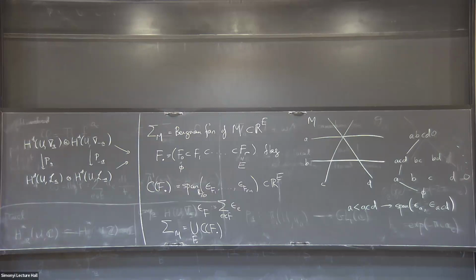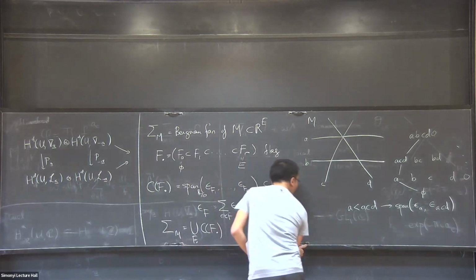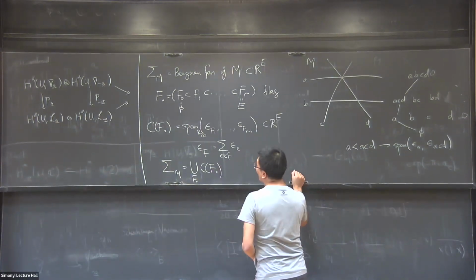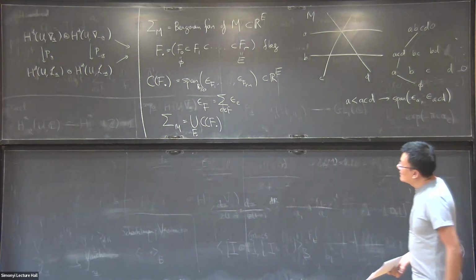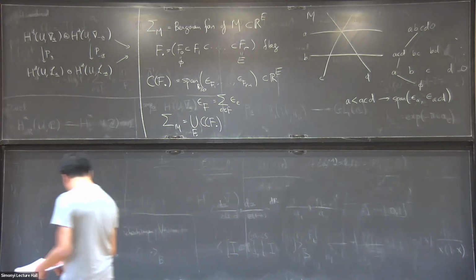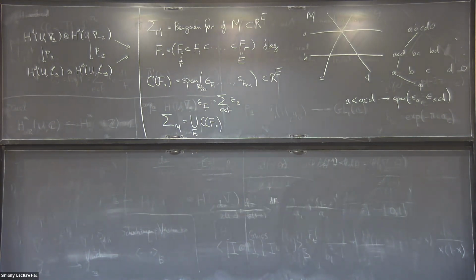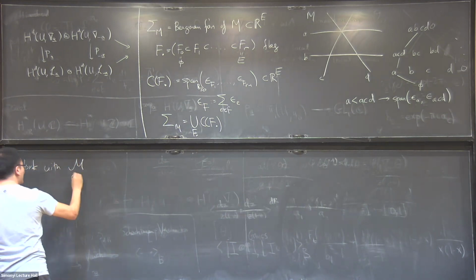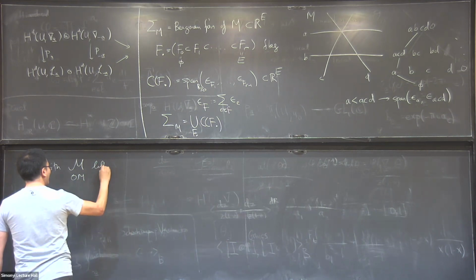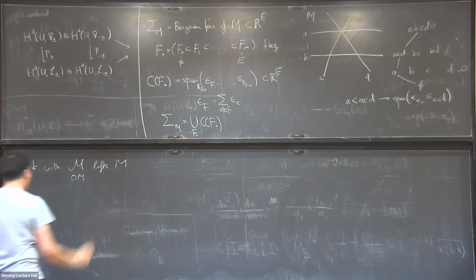Now, one slightly weird thing is that one of the formulae I give requires an oriented matroid, and the other one only requires a matroid. But I'm going to work with an oriented matroid, an orientation of the matroid.